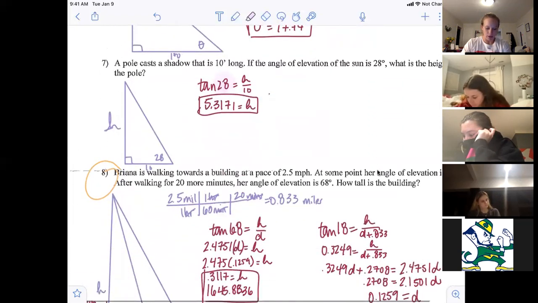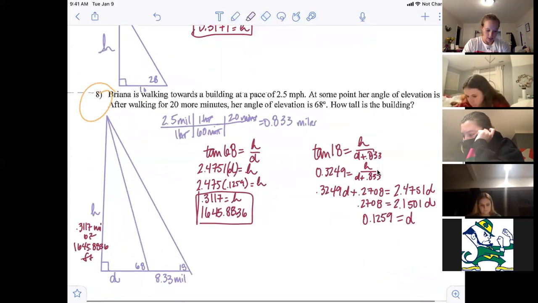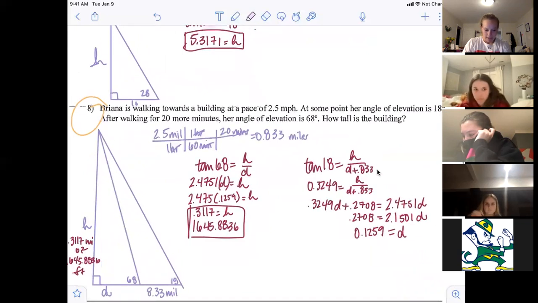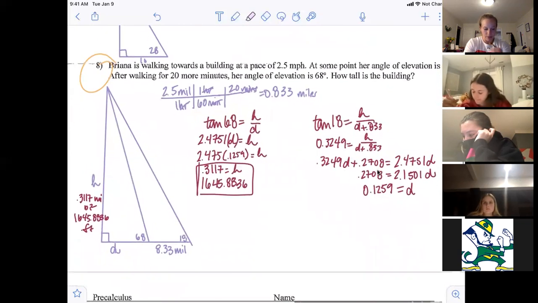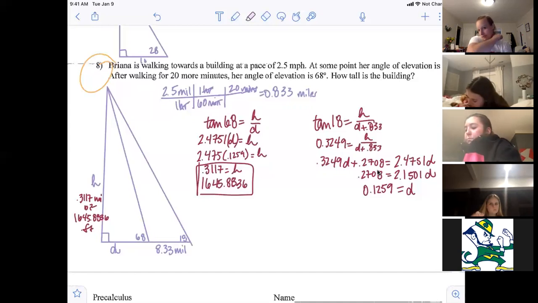I'm going to scroll down so we can also see 8. 8 is a lot like number 2. So she's walking towards a building at a pace of 2.5 miles per hour, and she does that for 20 minutes. So when I converted that, I got that she had walked 0.833 miles.